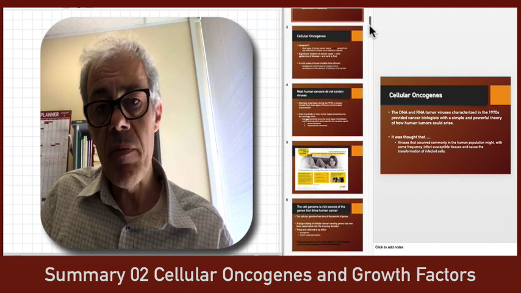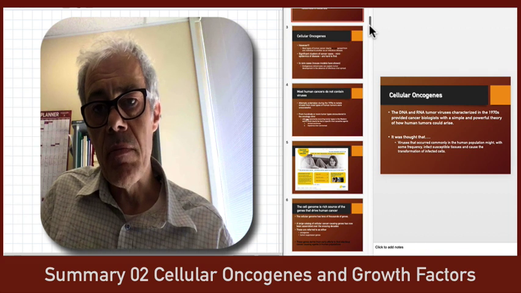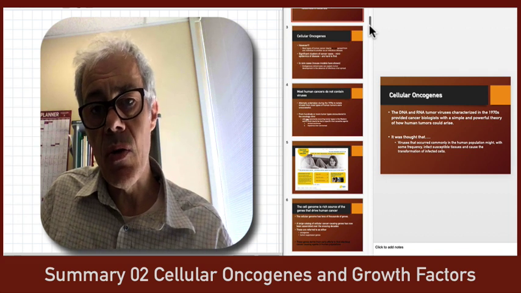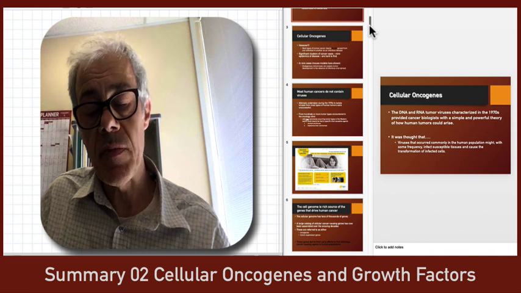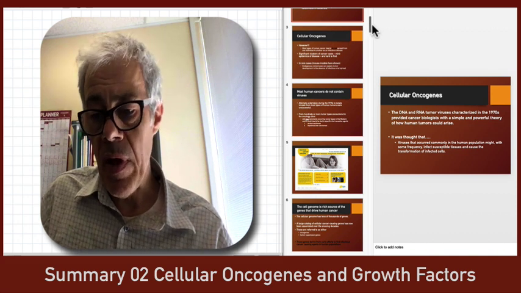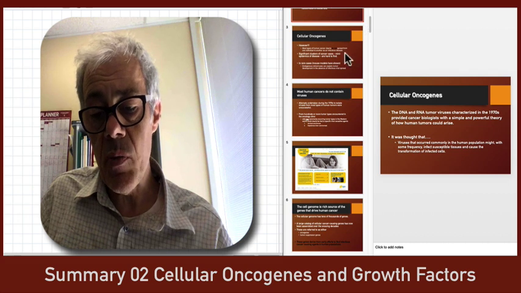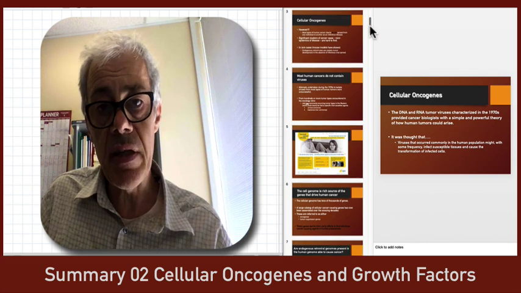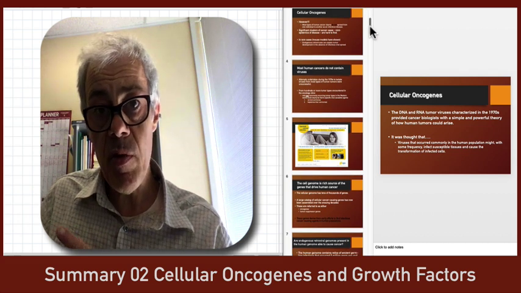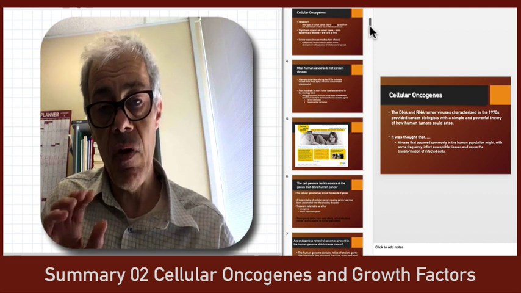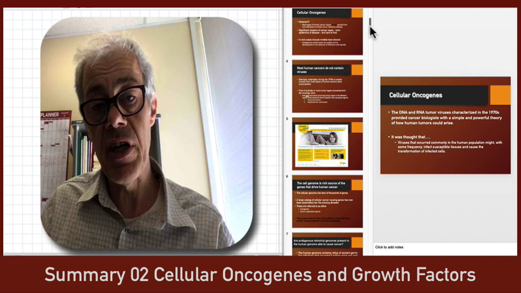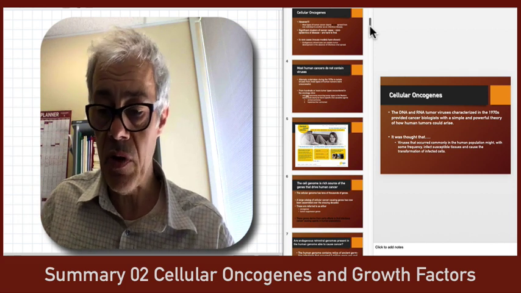But basically the take-home message is that most cancers are caused and driven by mutations in the human genome. From this early work looking at some of the human proteins that were picked up by the viruses, they led to the discovery of these sequences in the human genome, and we'll look at some of those.